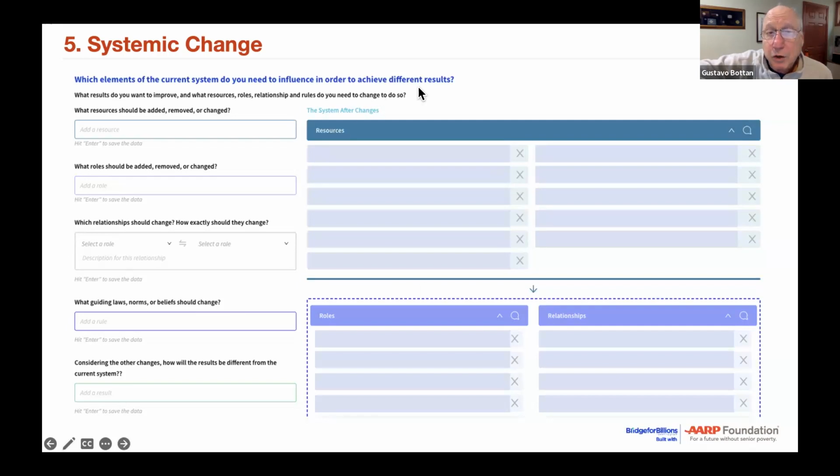So here on the right, you will now write how the system would look after the changes. If you go back to one of the earlier screens, the system that you were describing is the system as it is today.